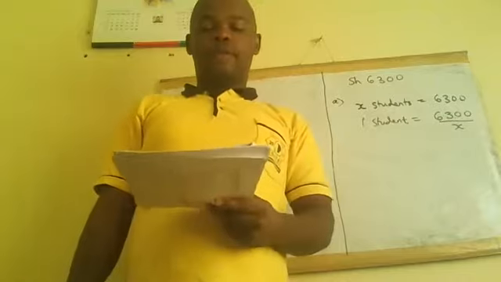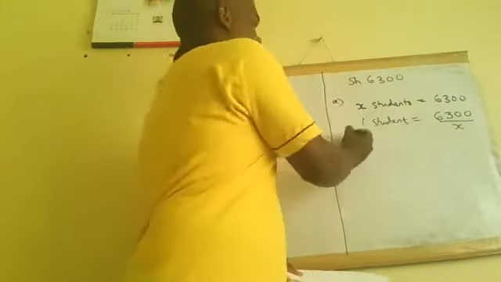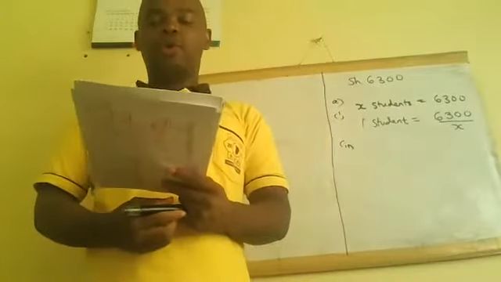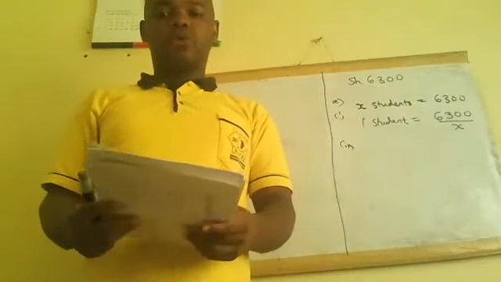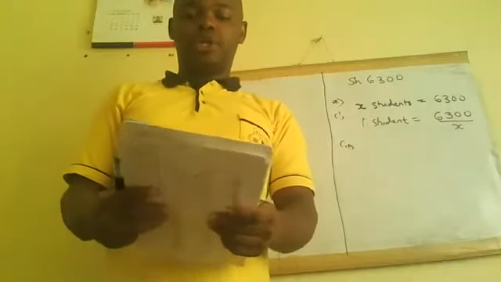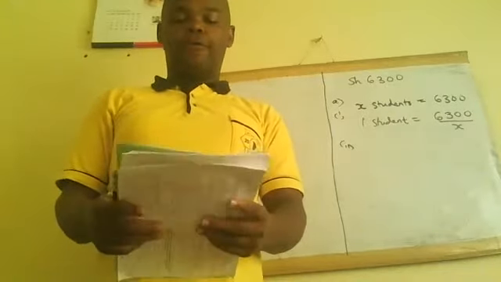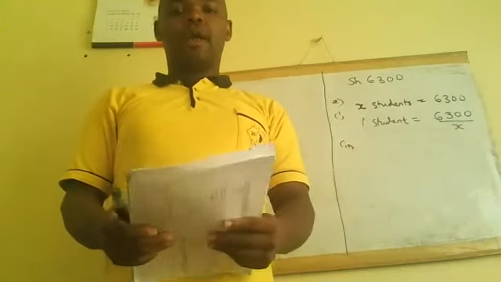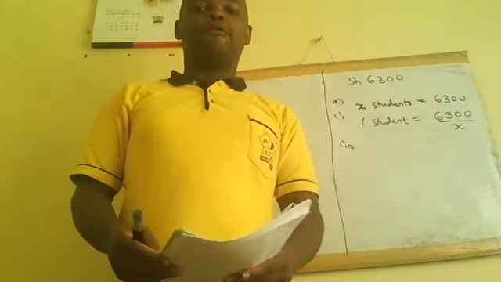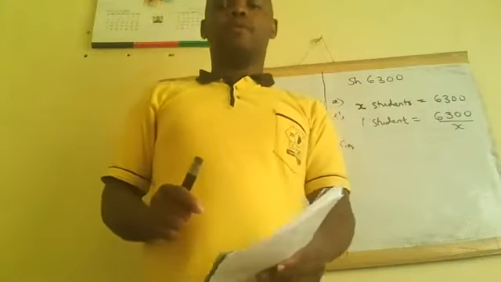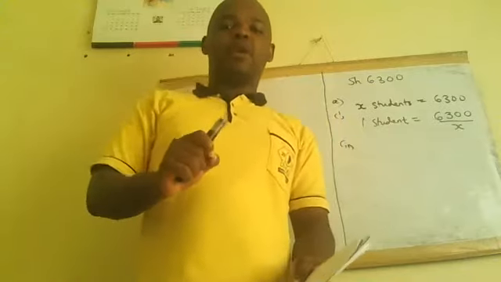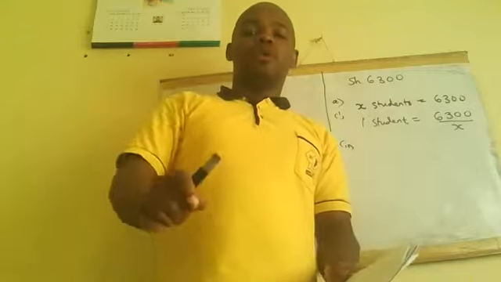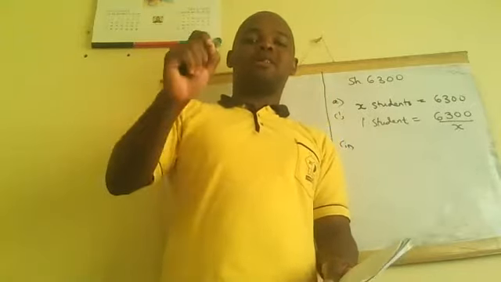Roman 2, the amount that was contributed by each member after 3 withdrew. So you have to understand something, that if X was the original, then after 3 withdrew, the remaining was X minus 3.